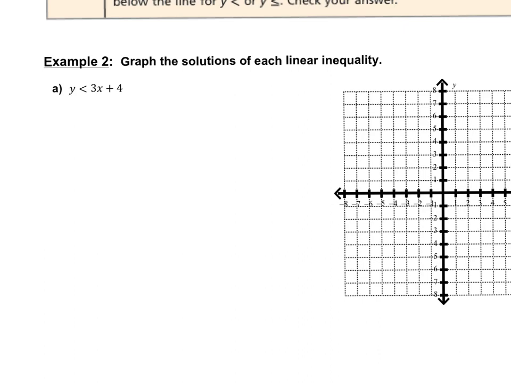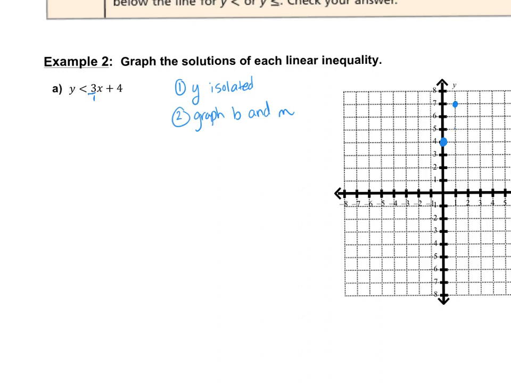Graph the solutions of each linear inequality. The y is already isolated. Next we're going to graph the b and m. We begin with the b, so it's at 4 on the y-axis like I graphed here, and my slope is 3 over 1, so rise 1, 2, 3 over 1. I can go up 3 and over 1 again, so I can follow my path.